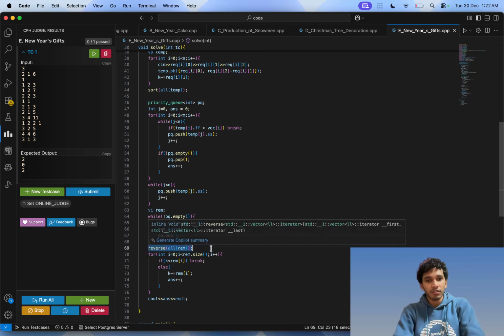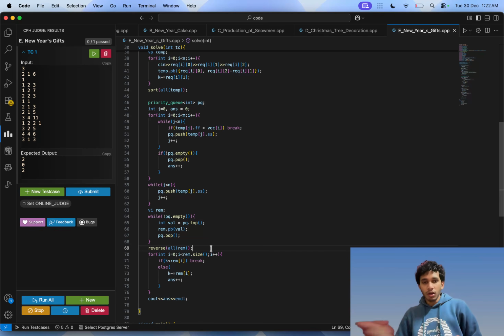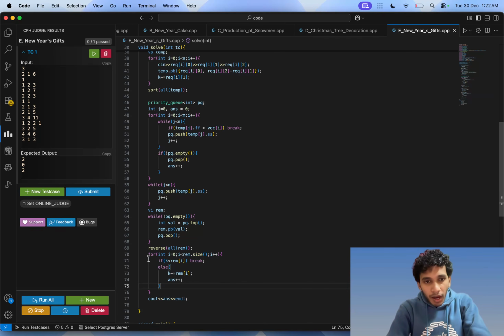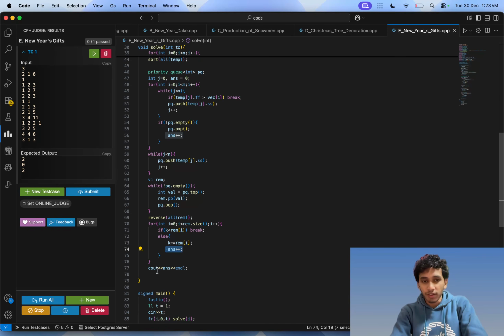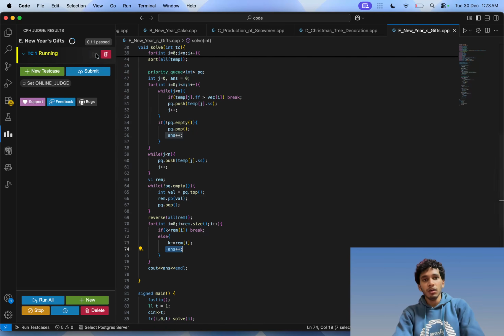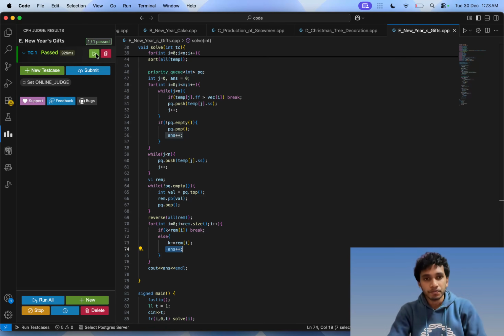Because it is sorted in reverse order, just reverse it to sort it in increasing order. Now iterate over all the elements, and at the point the number of coins required could not satisfy this person, just break. And if coins can be used to satisfy this person, satisfy him, and increment the number of satisfied people. At the end, just print the total number of satisfied people.